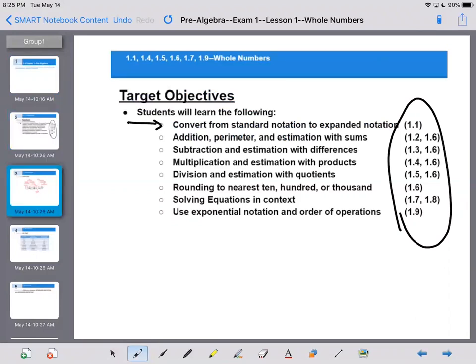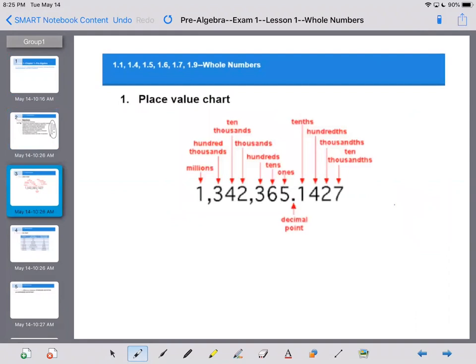So we want to talk about place value chart. Just remember where your decimal point lies. Okay? Everything in the decimal sections, tenths, hundredths, thousandths, 10,000ths, well, that's going to be later in the course. This week, we're looking at everything from the decimal point moving to the left.